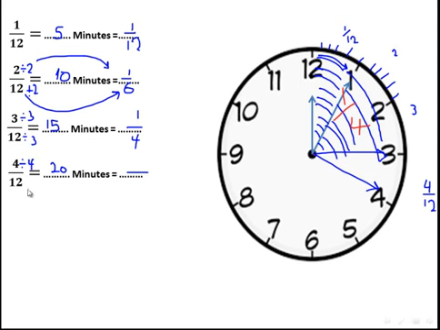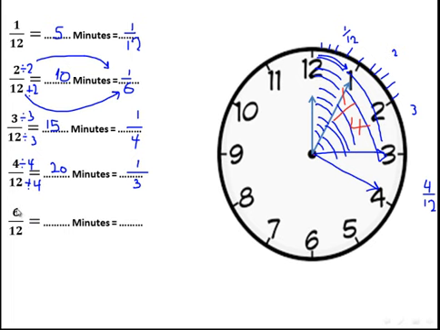By 4. And here I'm going to divide it by what? By 4. Also, 4 divided by 4 equals 1, and 12 divided by 4 equals 3. Yes. So this angle represents 1/3.